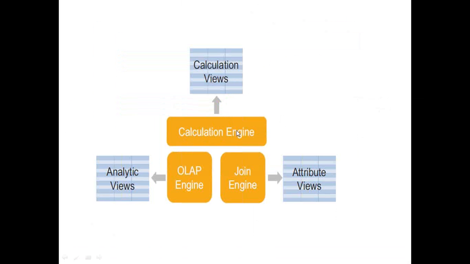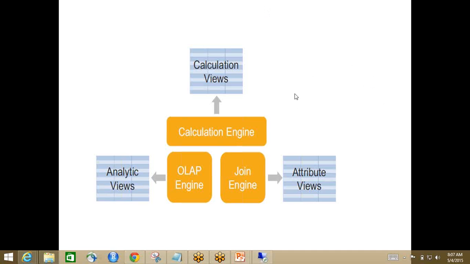This is what I was telling: calculation engine is responsible for calculation views, OLAP engine is responsible for analytic views, and the join engine is responsible for attribute views. You just remember the words calculation views, analytic views, and attribute views. We would be discussing these in detail when we discuss the modeling part.